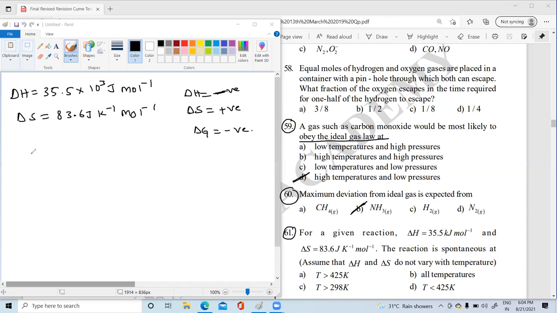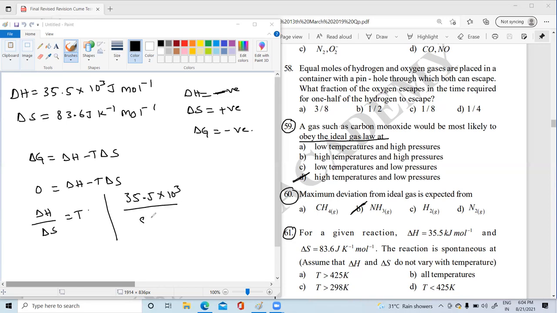As we know very well, del G equal to del H minus T del S. When equilibrium exists, del G should be 0. So del H equal to T del S. So del H by del S equal to T. Del H value is 35.5 into 10 to the power of 3, divided by 83.6, equal to T. On simplification, it should be 425 kelvins, students.